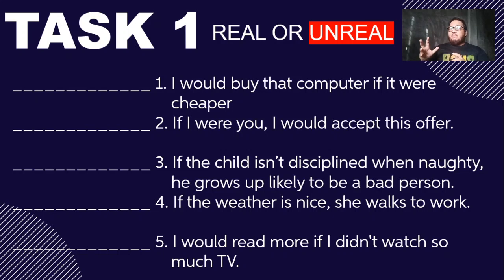Let's have a recap before we have your task 1, real or unreal. Again, your zero conditional is used to tell something that we normally do in real life. This includes general truth, giving instruction, telling habits or giving rules. It follows the pattern: if or when, then simple present, and another simple present in the main clause.